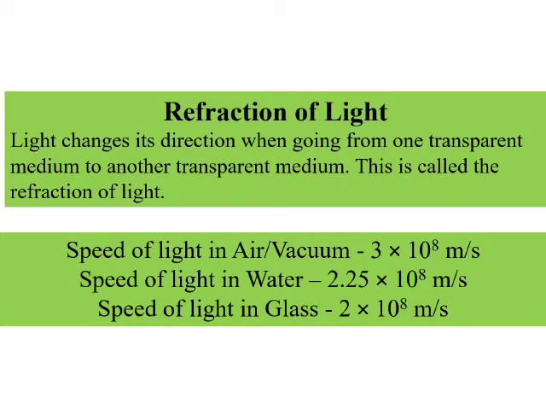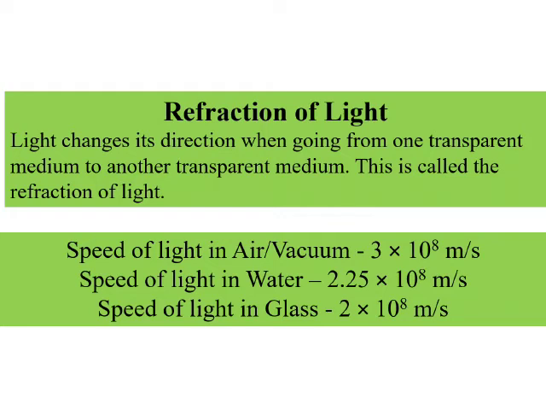This is called the refraction of light. So we have seen the various transparent mediums, air, water and glass. And when light traveled from one transparent medium to another, it deviated from its straight line path, or it bent obliquely. And this change in the direction is referred to as refraction of light.